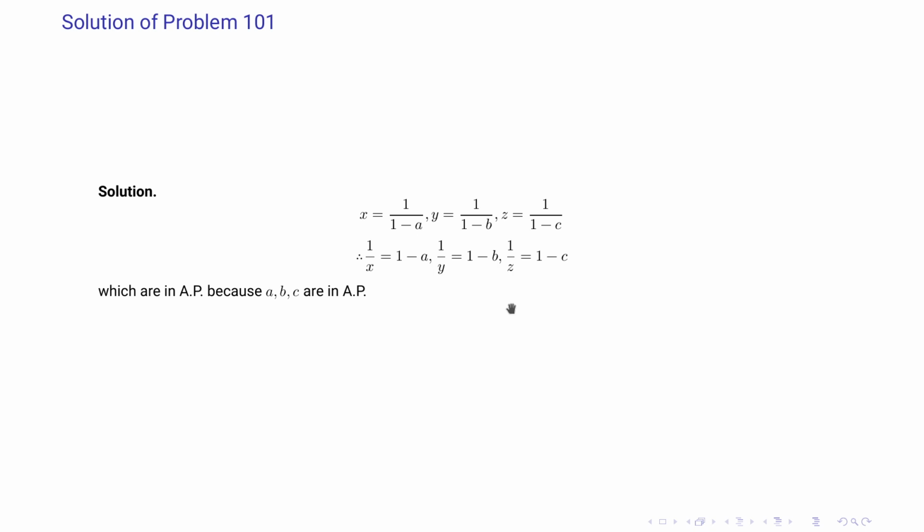So by taking reciprocal, we can write that 1 by x is equal to 1 minus a, 1 by y is equal to 1 minus b, 1 by z is equal to 1 minus c. Now since a, b, c are in AP, 1 minus a, 1 minus b, and 1 minus c will also be in AP, because we know from the property of arithmetic progression, if a number is added or subtracted, the AP remains in AP.